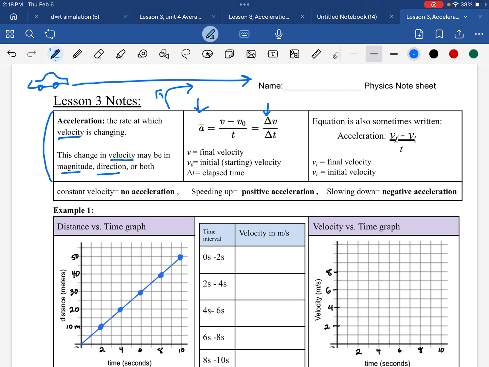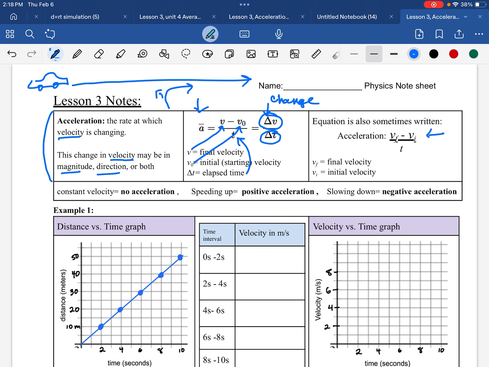This delta means change. So acceleration is calculated by figuring out the change in velocity from the start of the time you're measuring to the end, divided by the change in how much time has passed from when you started to finished measuring. So this is the final velocity minus the starting or initial velocity divided by how much time has gone past.